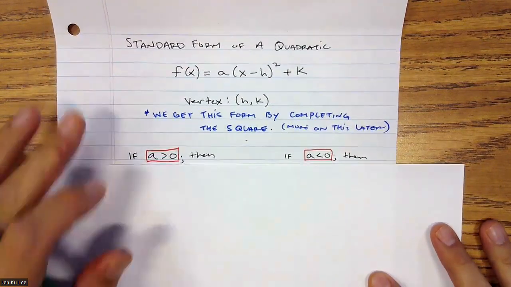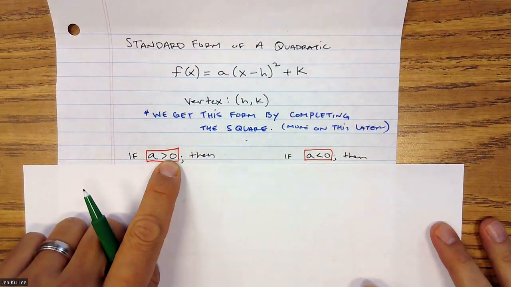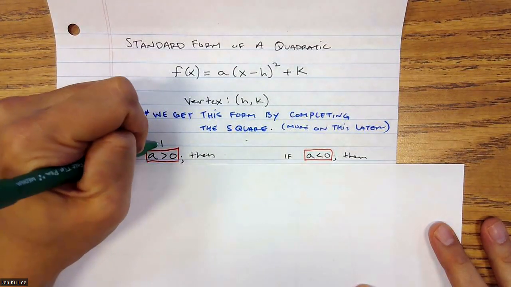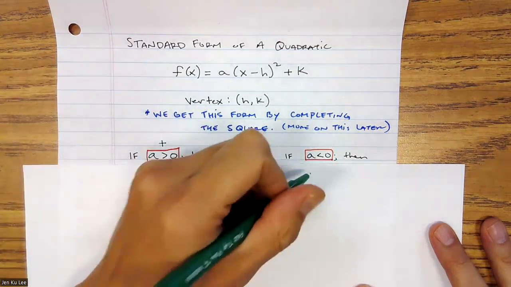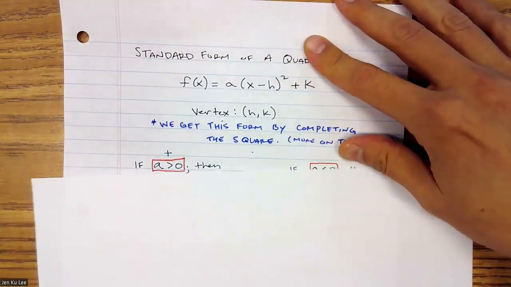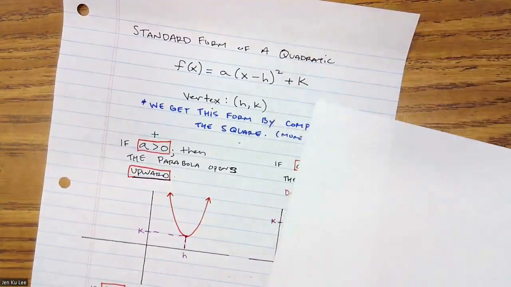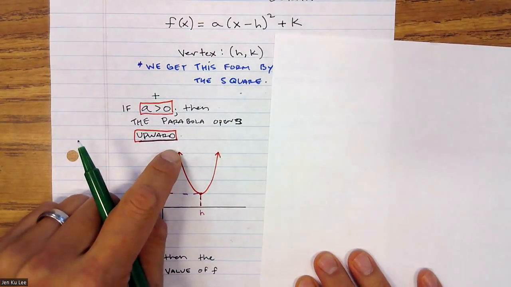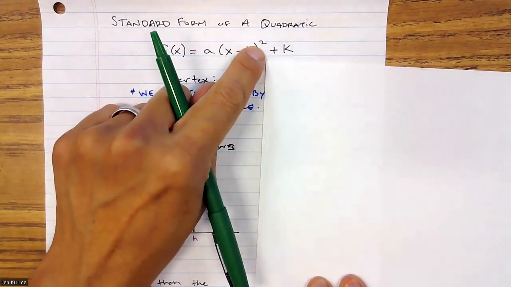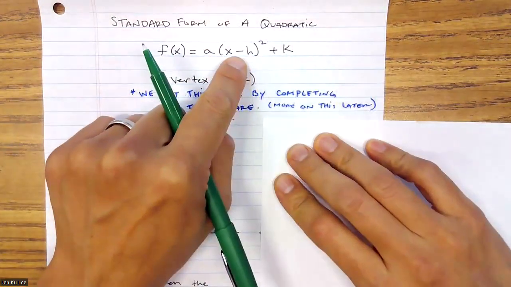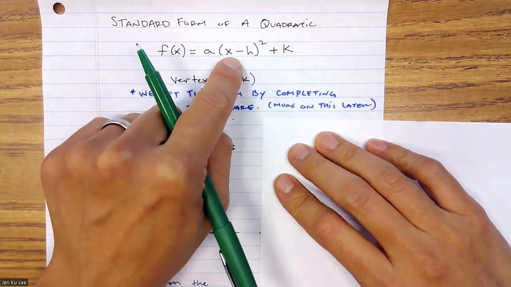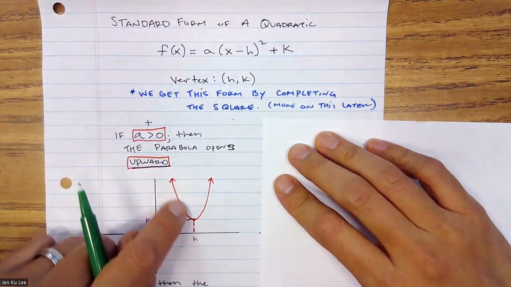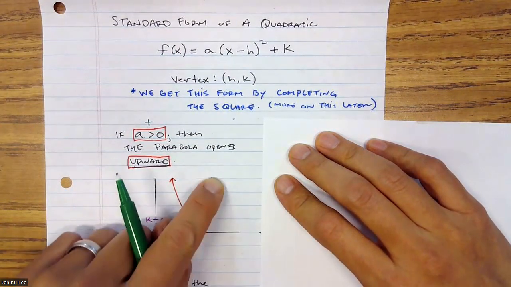If my a value is positive, a is greater than 0, then the parabola opens upwards. If you did not know, a polynomial function with a degree of 2 is going to be a parabola.